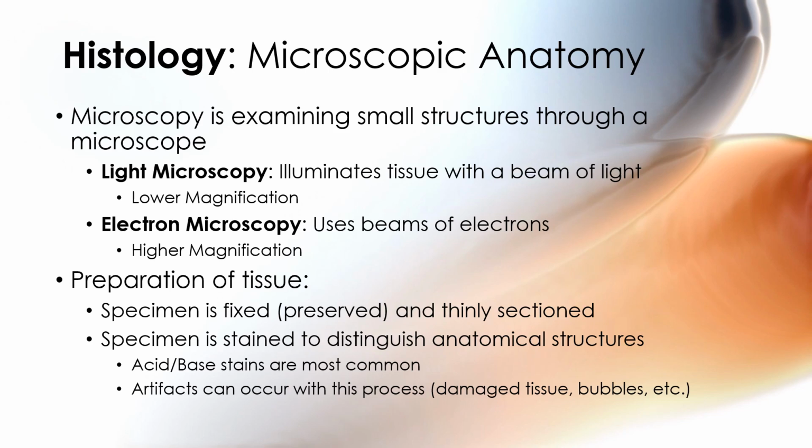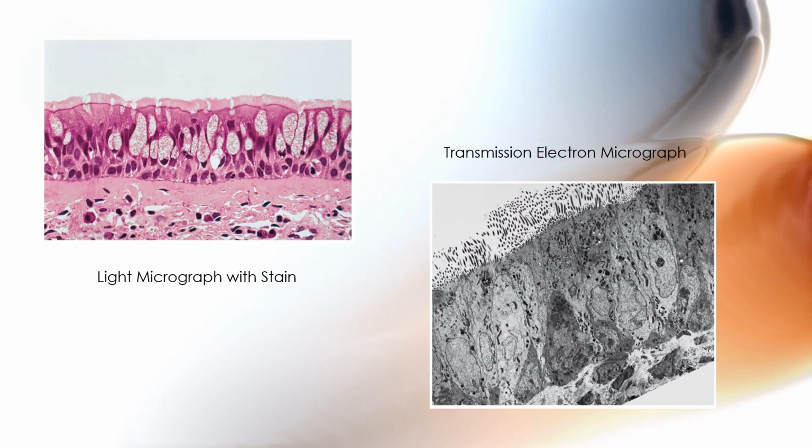Usually we do an acid-base stain so that things look a little more pink or a little more purple, and you can distinguish different structures. But preparation is not perfect, so there can be artifacts when you're preparing the tissue. You could get some damaged tissues, bubbles under the lens. So there are different things that can happen that you have to be aware of when you're looking at slides.